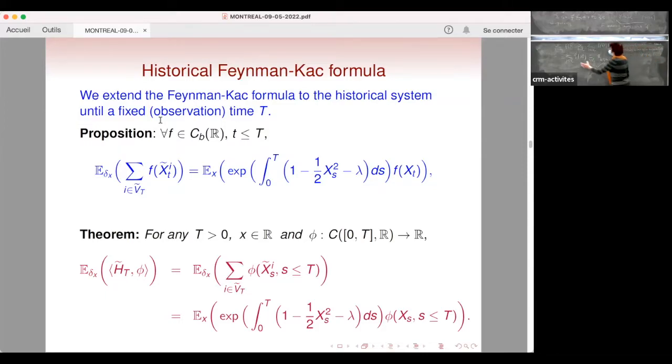You have fixed some individual with label J at time small t, and you sum over all the descendants of this individual, which are with label I at time capital T.